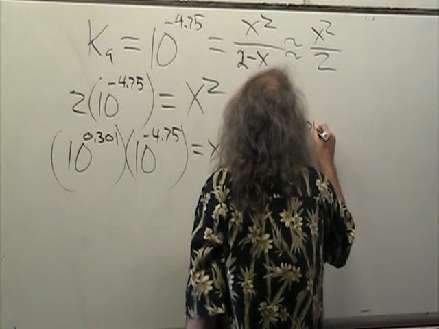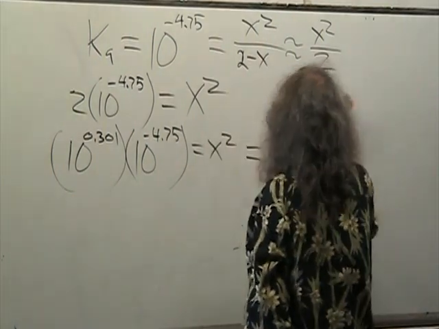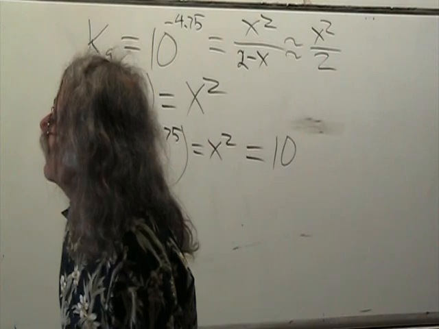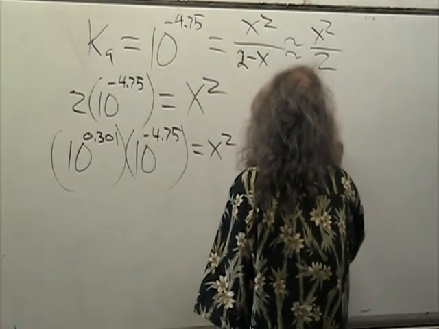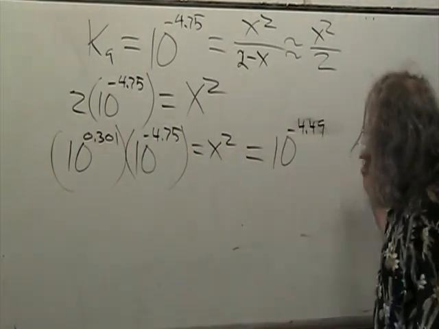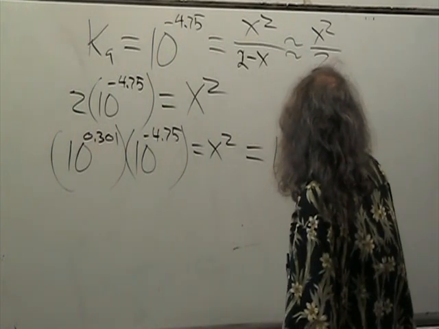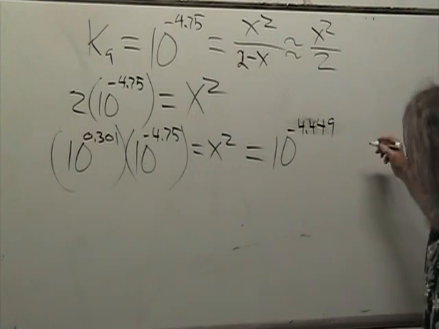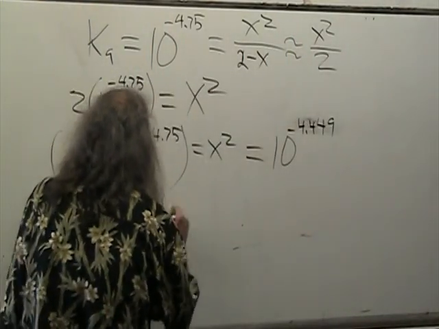This time you're subtracting. It'll be the 4.449. Negative 4.449, thank you. Yeah, the rules of exponents, okay. So this is what we come up with.